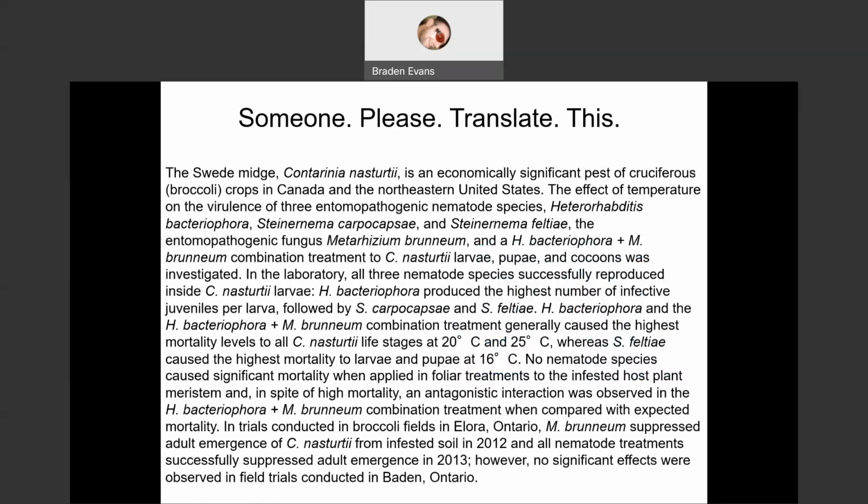Now I want to get your impression. What if I read this to you? The Swede midge, Contarinia nasturtii, is an economically significant pest of cruciferous crops, such as broccoli, in Canada and the northeastern United States. The effective temperature on the virulence of 3 entomopathogenic nematode species, Heterorhabditis bacteriophora, Steinernema carpocapsae, and Steinernema feltiae, the entomopathogenic fungus, blah, blah, blah.